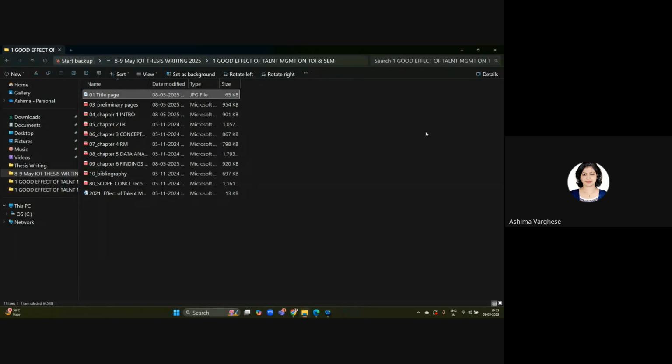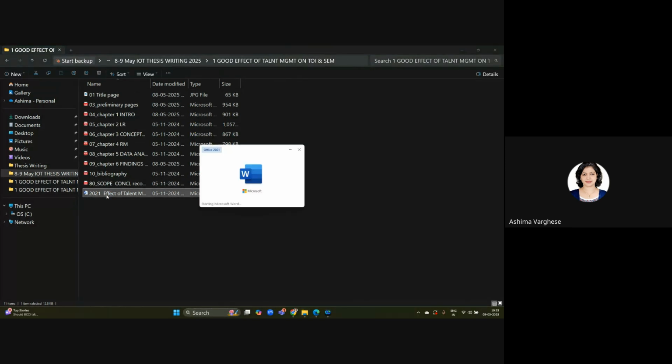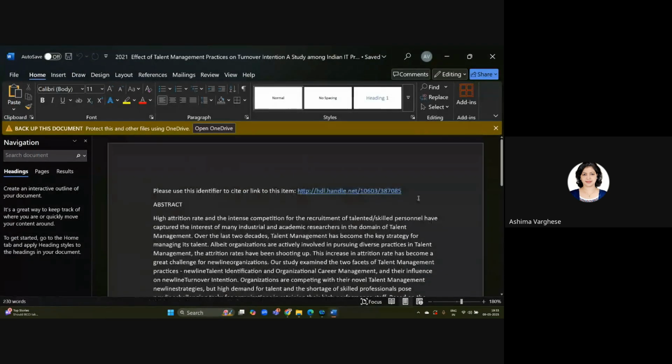These are the preliminary pages, introduction, review of literature, research methodology, analysis and findings. What I want you to understand is the handle number. Just to save time, I have pasted this handle number here. This is the identifier to cite and link this item.